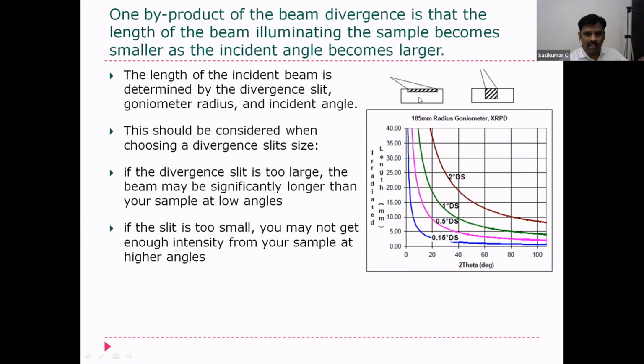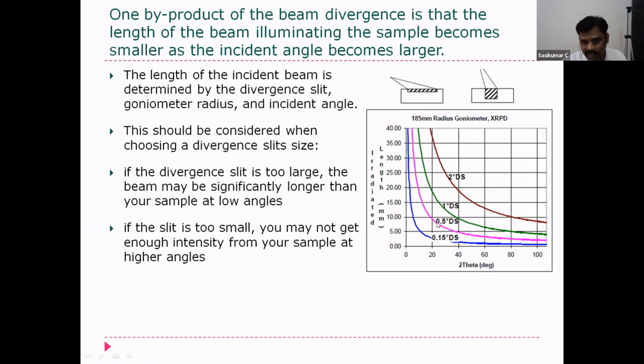So the volume of the material that is irradiated by the X-ray is very important, that is, the volume from where you are getting the signal, especially if you are working with quantitative X-ray analysis. If you are quantifying phases, or working with certain quantitative analysis, this is important. You can control it with the divergence slit. As you see here, if I use a divergence slit of 2 degrees, then the beam length will be 35 mm.